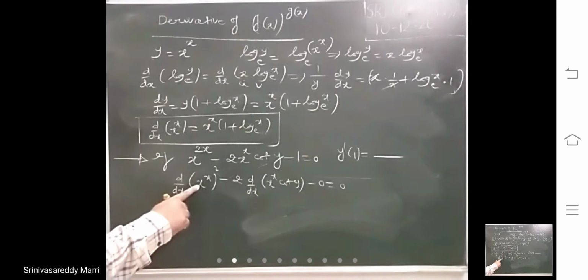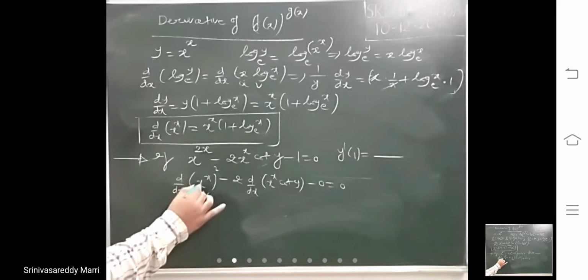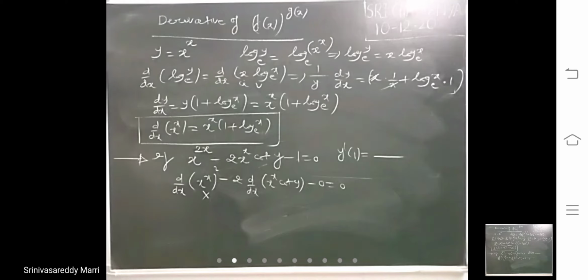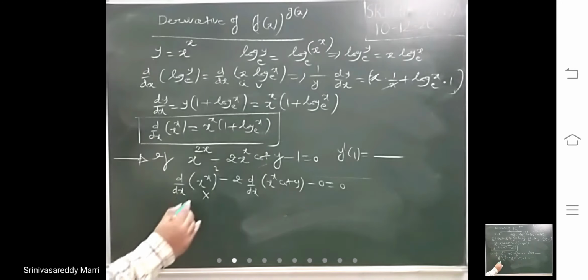Now look at the x power x rule, you know this is capital X. Treat this as capital X. X square means what? 2 into capital X into d by dx of capital X.